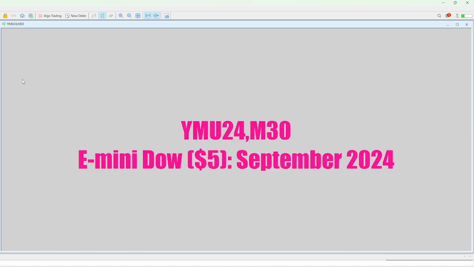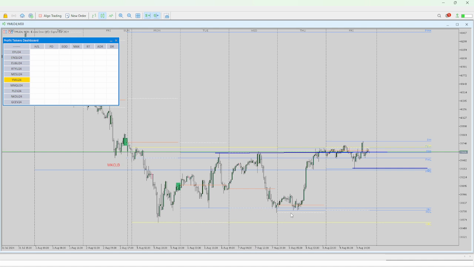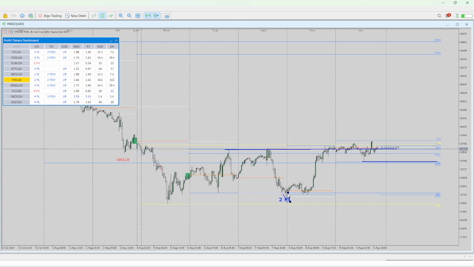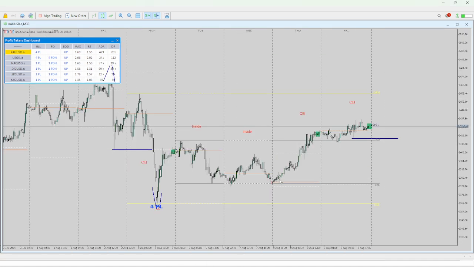For example, with YM, which is the DJ, the Dow, we see the peak showed up on Wednesday, right? We had a peak low. But when I was charting on the Forex side, guess where this peak was? Let me show you.